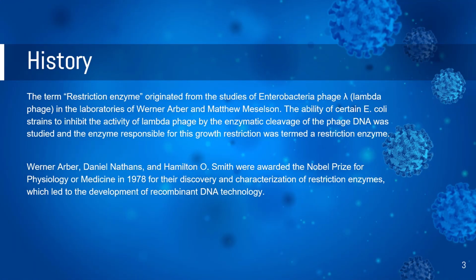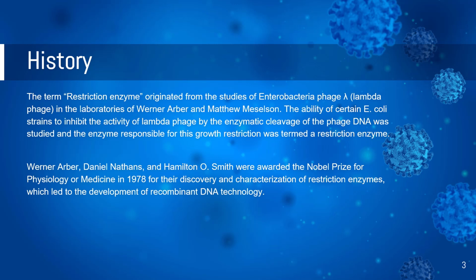Now, coming to the history of restriction enzymes, the term originated from the studies of the enterobacteriophage, that is lambda phage, in the laboratories of Werner Arber and Matthew Meselson. The ability of certain E. coli strains to inhibit the activity of lambda phage by the enzymatic cleavage of the phage DNA was studied, and the enzyme responsible for its growth restriction was termed restriction enzyme.